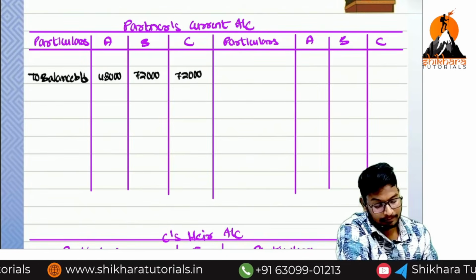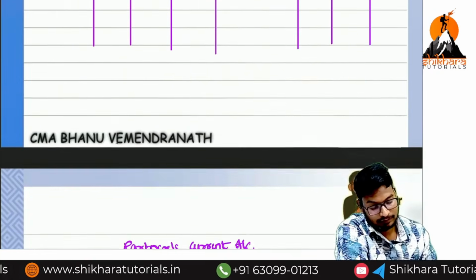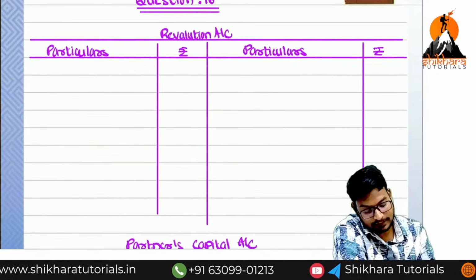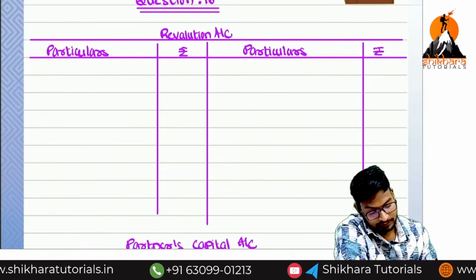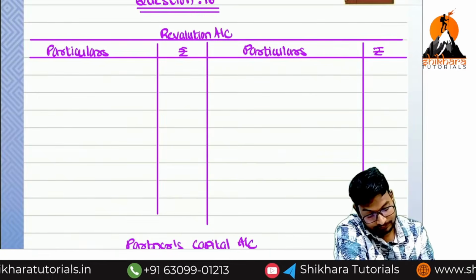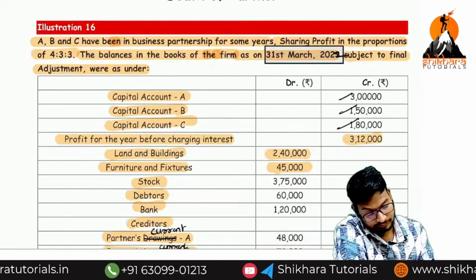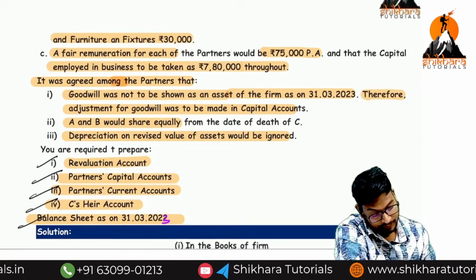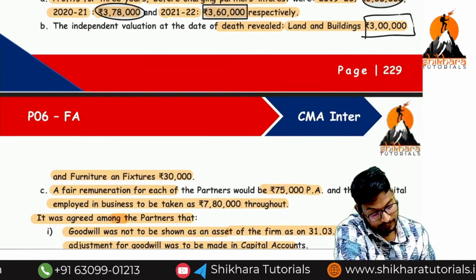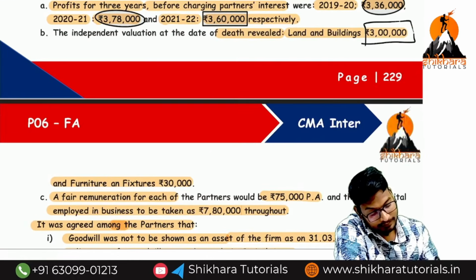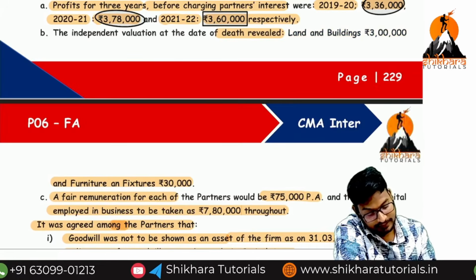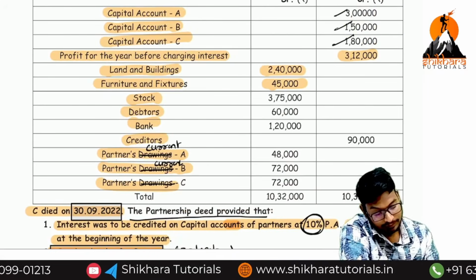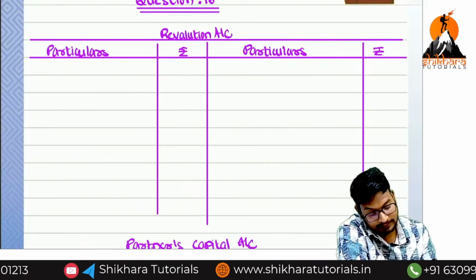Guys, next step. Let us start the revaluation account. How many accounts increase and decrease? Two. What are they? Go to the land and building. How much are they valued at? Land and buildings are valued at 3 lakhs. In the balance sheet how much? Increases or decreases? Decreases.